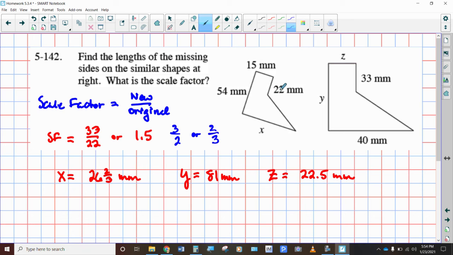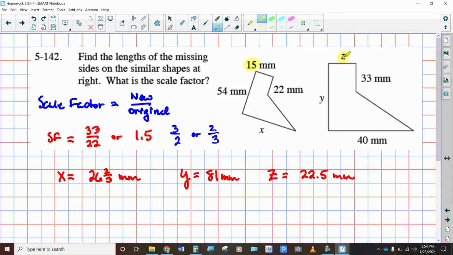If you multiply a number times 1, it's always going to stay the same, correct? If I multiply a number times another number that's greater than 1, it'll get bigger. And if you multiply a number times a number that's less than 1, it'll get smaller. So if I take this ratio of 3 over 2 as my scale factor, if I want to find the value of z, this number is 15, and z is on the bigger shape.